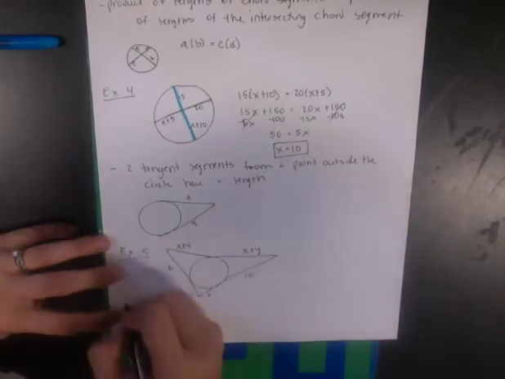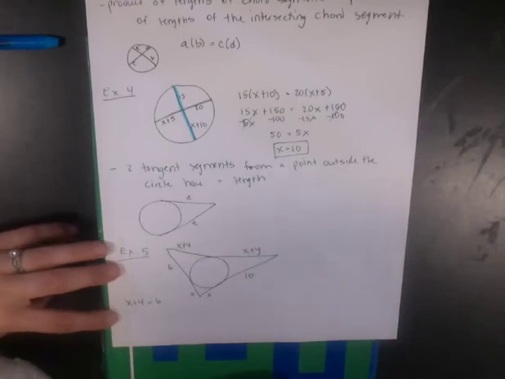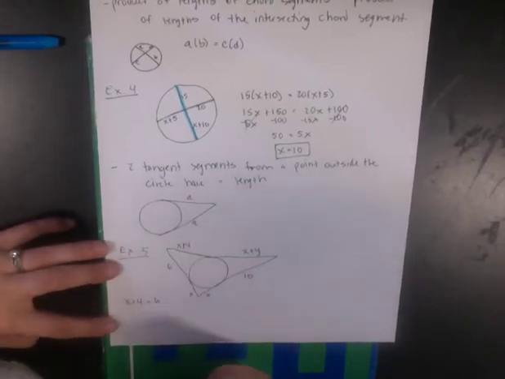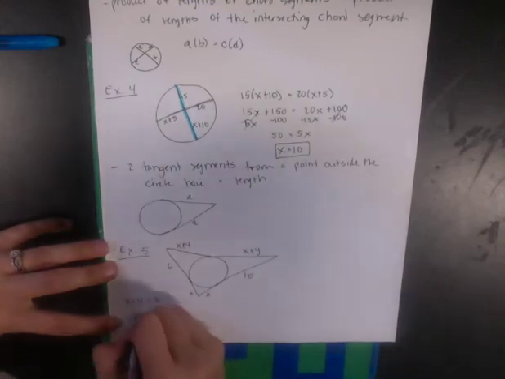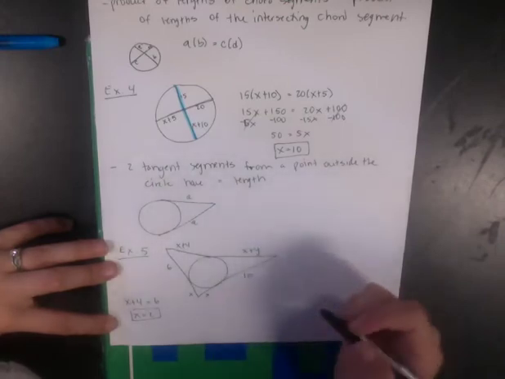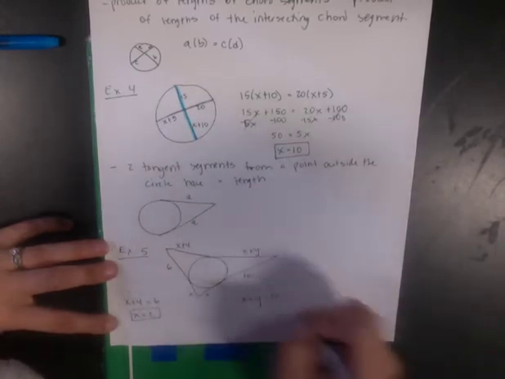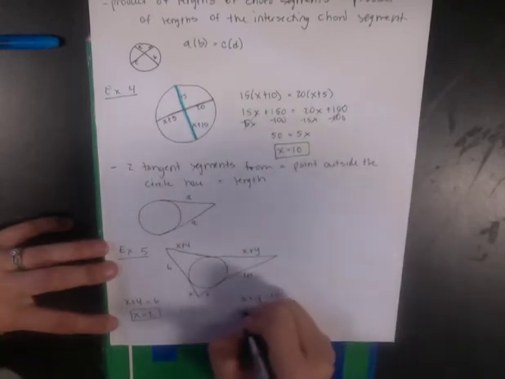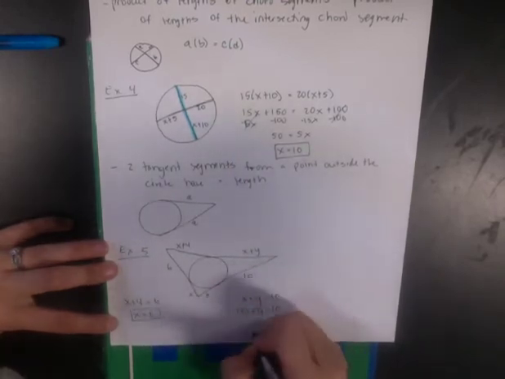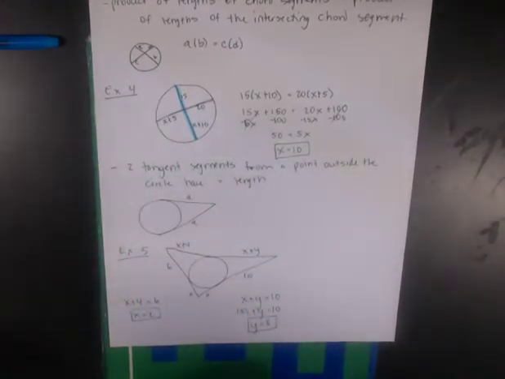I can also say that x plus 4 equals 6 because they are two tangents from outside a point touching a circle. They have equal length, so x is 2. Now over here, again, I have two tangents. They have equal length, so I can say x plus y is 10. I know that x is 2, so 2 plus y is 10, so y is 8. Okay?